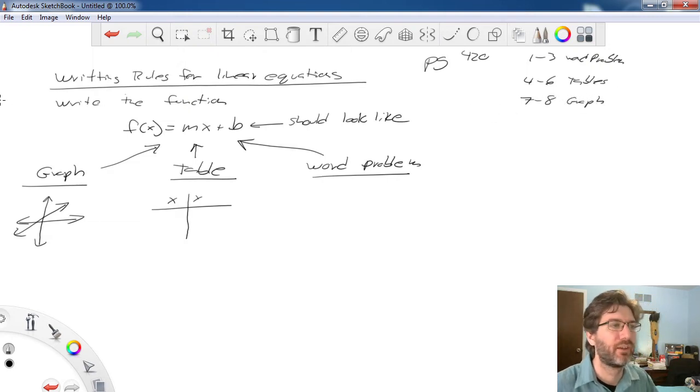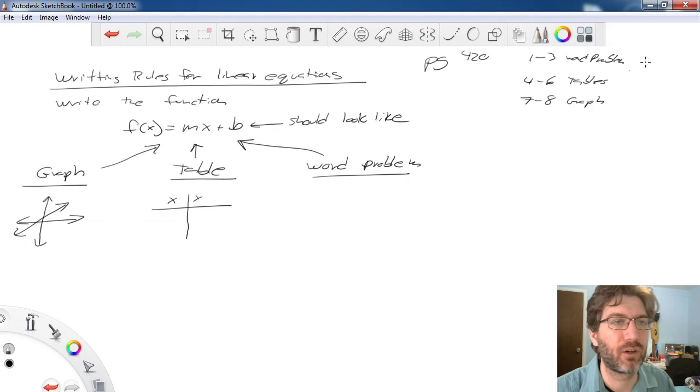So let's work our way backwards, because I think graph is probably the easiest to do. Table is probably the second easiest, and word problem is just going to take some practice. It's not hard, it just takes some practice. So that's our goal for today.